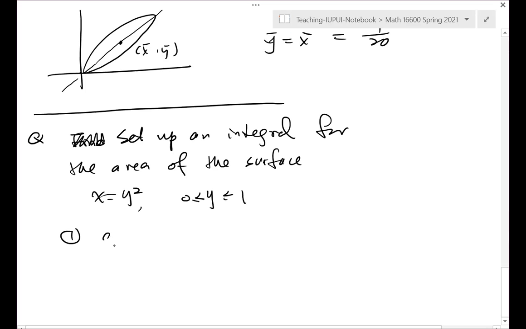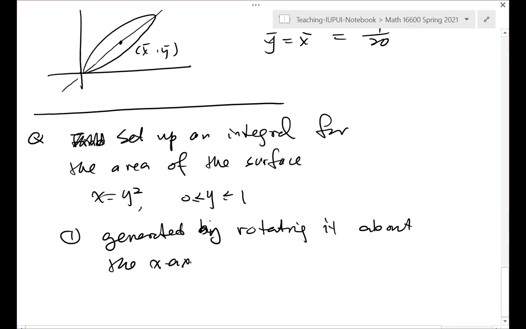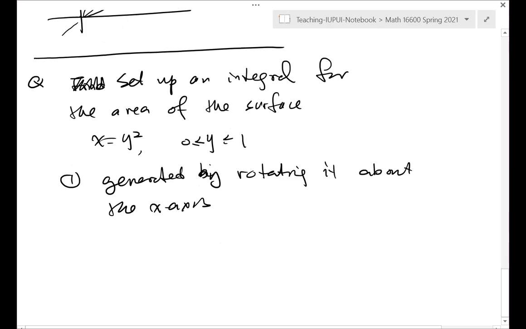The first case is generated by rotating about the x-axis. Another surface is generated by rotating about the y-axis.